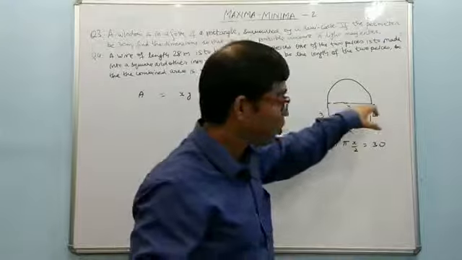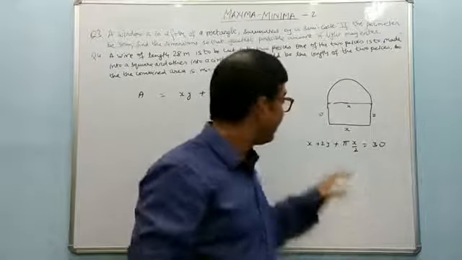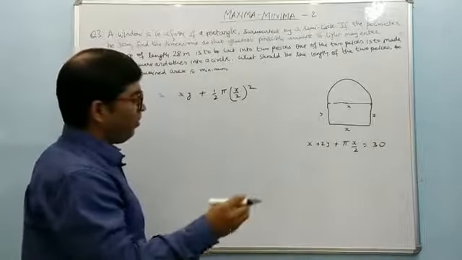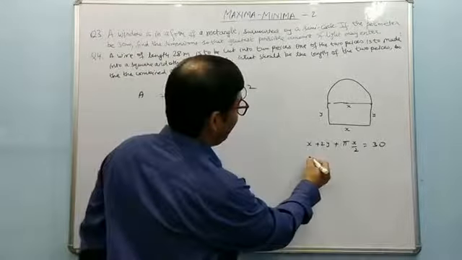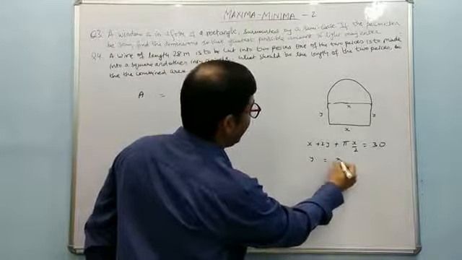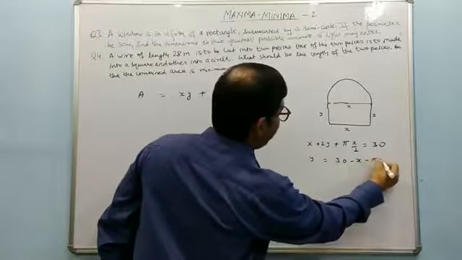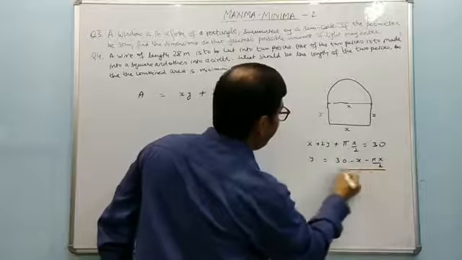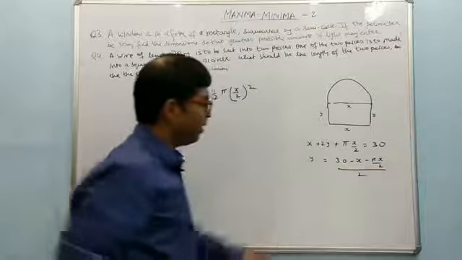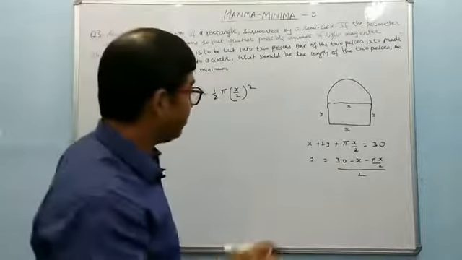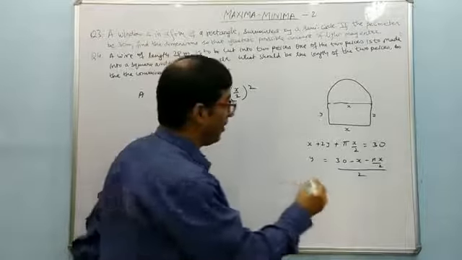So this is not to be included in rectangular portion. So we will just get the value of one thing. If I get the value of y, it is coming out to be 30 minus x minus pi x by 2 divided by 2. So I got the value of y, so that I can put it here, just making it in the terms of single variable.